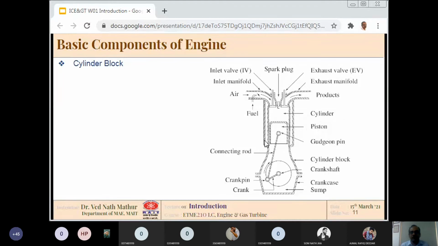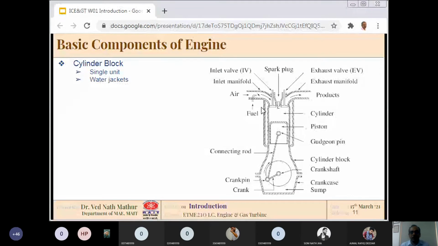There is a cylinder block which is made of cast iron, within which the piston reciprocates, and the bottom portion of the block is used as an oil reservoir.